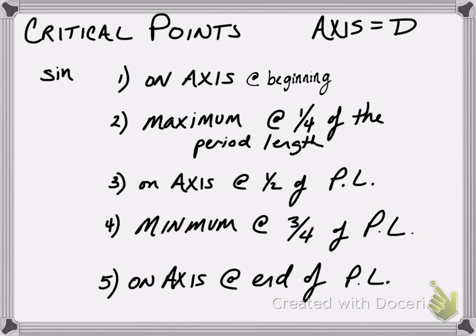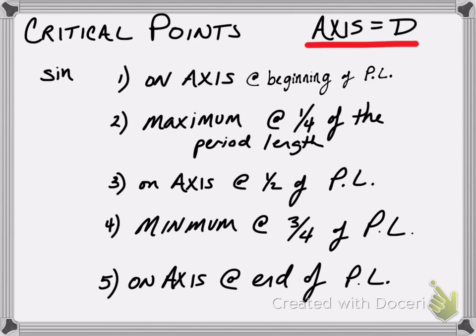There are 5 critical points with the sine function. There's also 5 critical points with the cosine function. Let's look at sine first. The first critical point is on the axis, which, again, the axis is d. So the first point is on the axis at the beginning of the period length. PL is the period length.